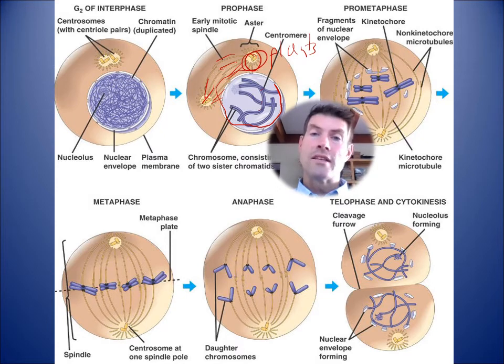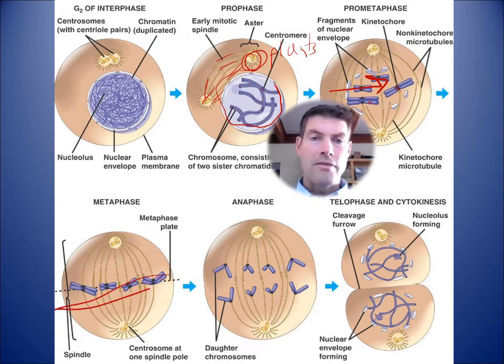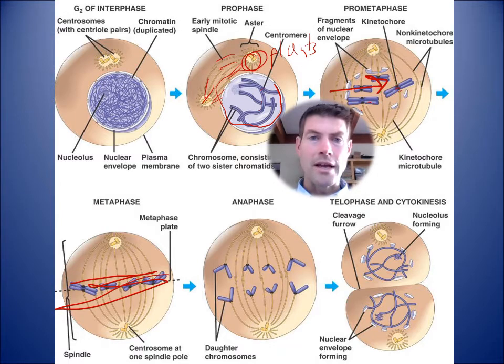Moving on, this is like the later part of prometaphase. You can see the chromosomes that are now attached to those spindles, or the microtubules. They're coming out from the mitotic spindle. But then in metaphase, you see them lining up in the middle around the equatorial plate, or the metaphase plate, as it says here. And they're getting ready to separate. And remember, they're not pulled, they walk themselves.